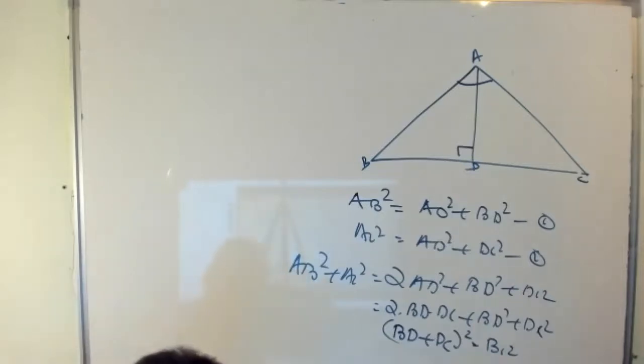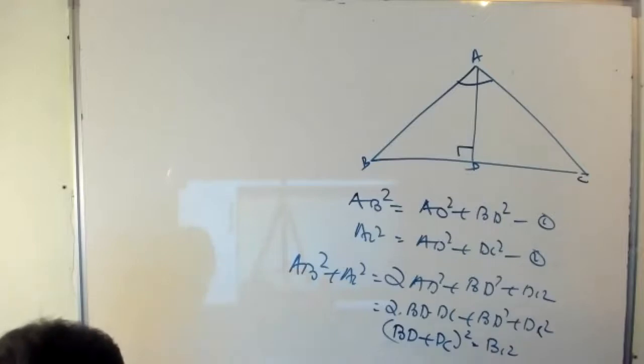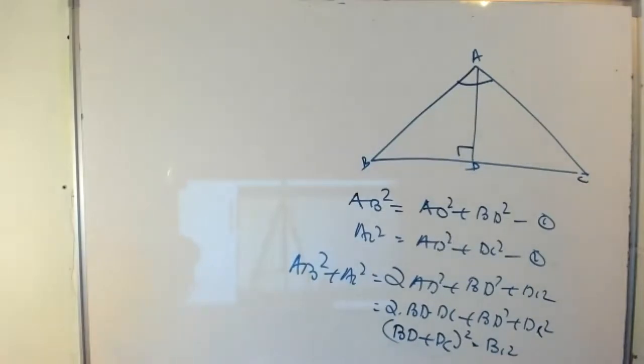ABC is a right angle triangle, right angle at A. A circle is inscribed in it.